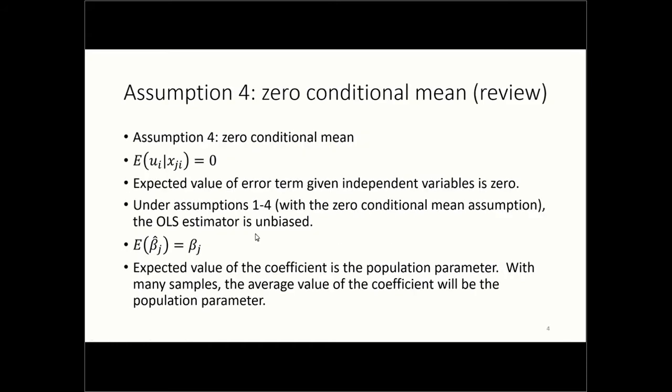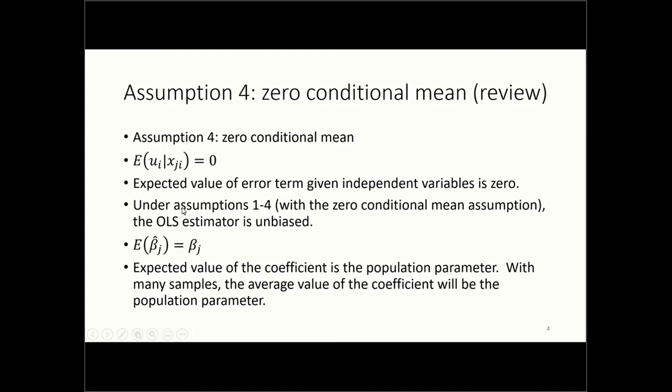So let's review assumption 4, zero conditional mean. So this was assumption 4 of the Gauss-Markov assumptions. And that assumption said that the expected value of the error term given the independent variables xj is equal to 0.